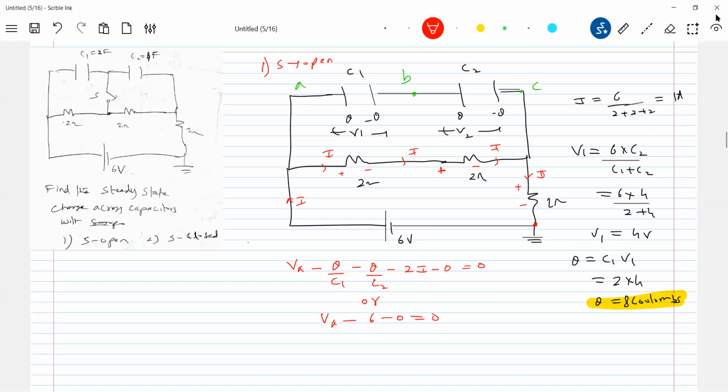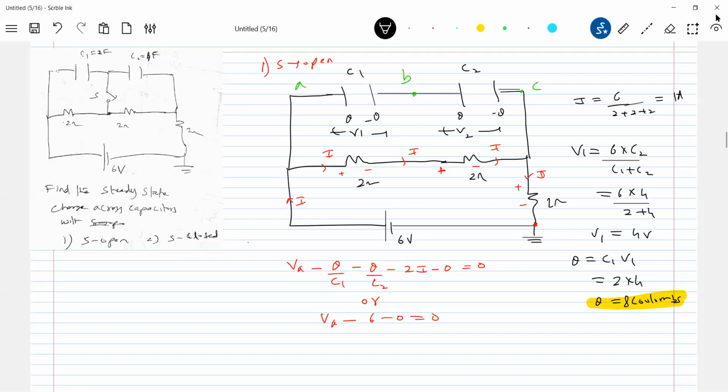Sir, the V1 is not 4 volt, because the potential difference between... Wait, I think calculations went wrong. It comes to 4, no? C2 is 4, C1 plus C2 is 2 plus 4, and the applied voltage is 6. Okay, sir. Yes, sir. Fine.